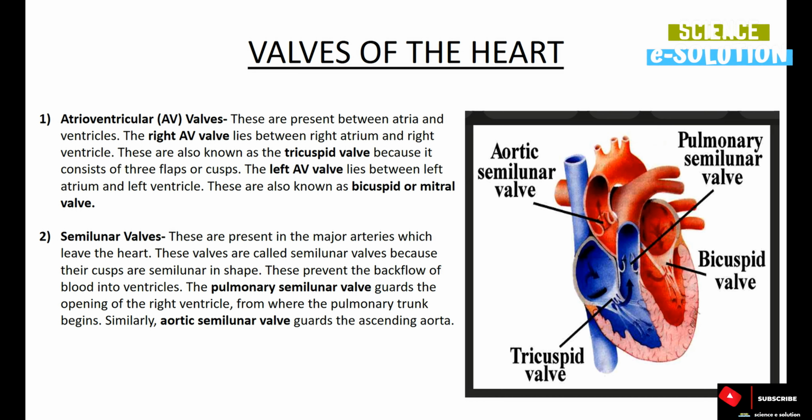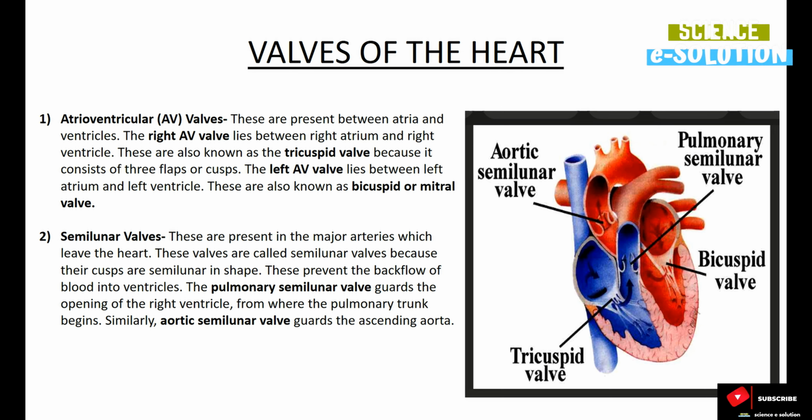The next category is the semilunar valves, which are present in the major arteries which leave the heart, that is, the pulmonary artery and the aorta. These valves are called semilunar valves because their cusps are semilunar in shape, and these prevent the backflow of blood into the ventricles.